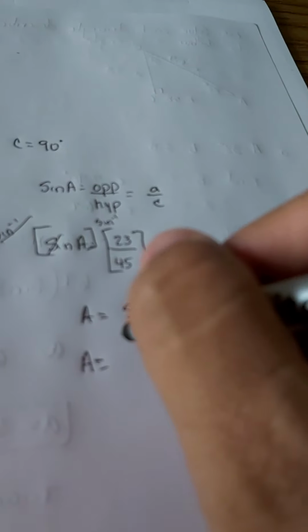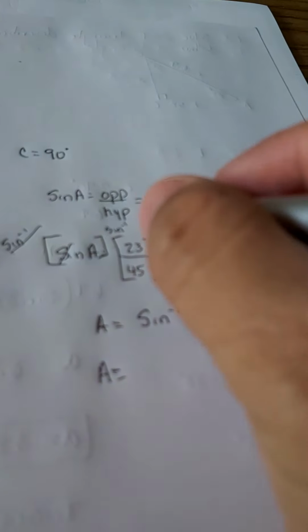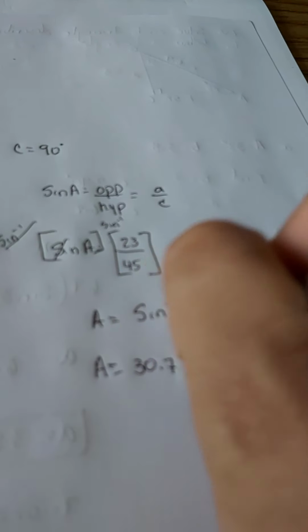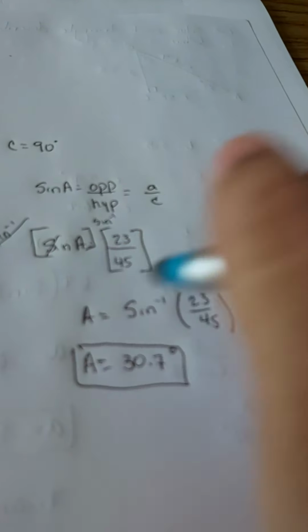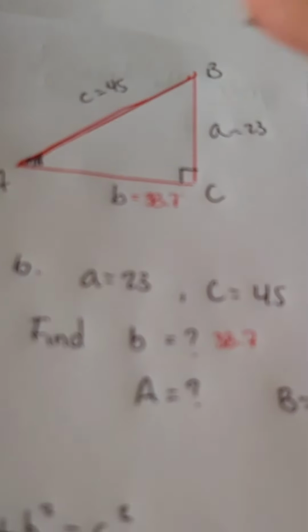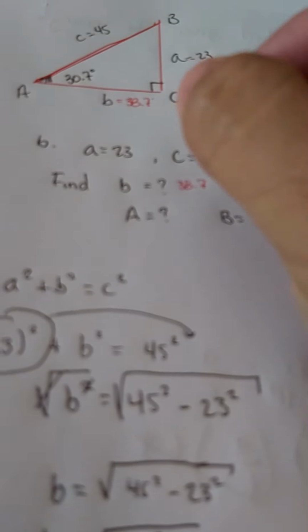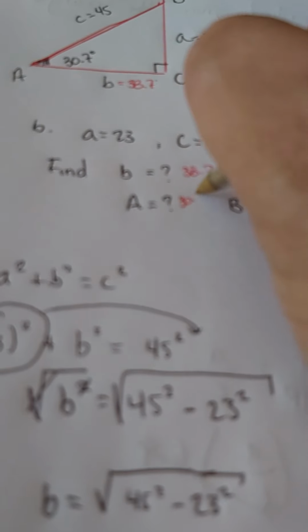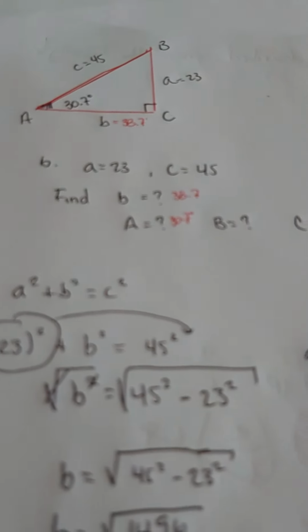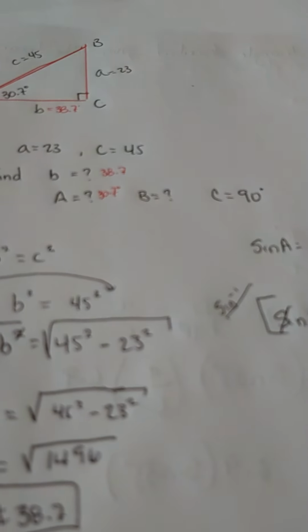So we can round that to 30.7 degrees. So angle A is 30.7 degrees. So all that we're missing is angle B.